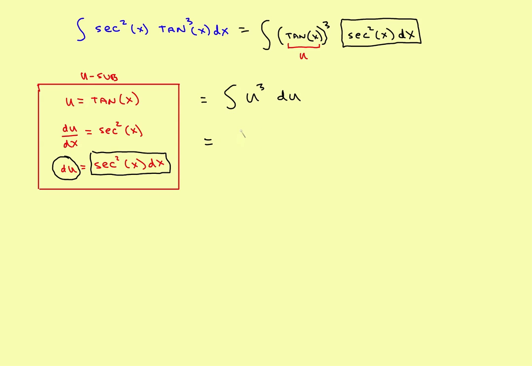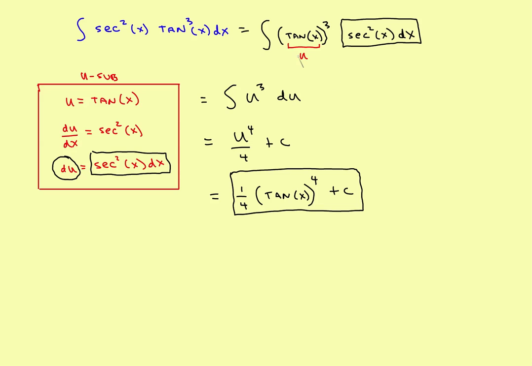Well, the antiderivative of u cubed would be u to the fourth divided by 4 plus c. And your last step is just replace u with what it's equal to. So this will be like having 1/4, and in place of u, replace it with the tangent of x, the entire thing to the 4th power, plus c, and you are finished. So it looks like that.